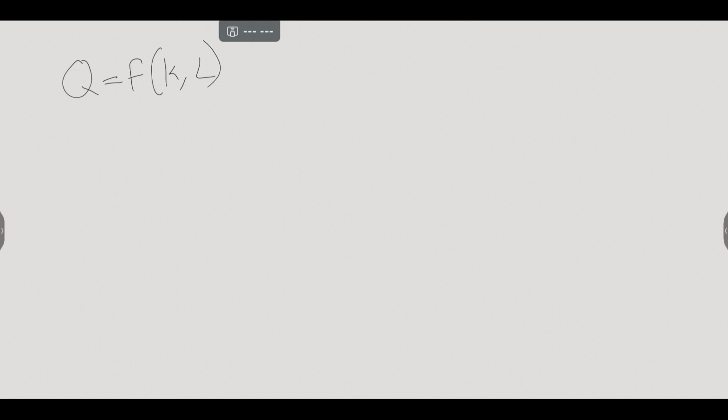So q is a function of capital and labor, which is equal to 10k raised to power half l raised to power half. When q is equal to 100, find the equation of the isoquant.